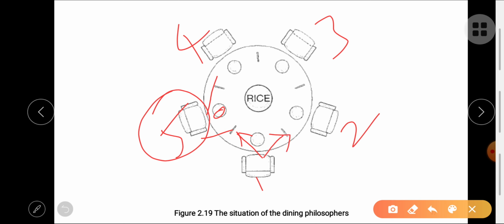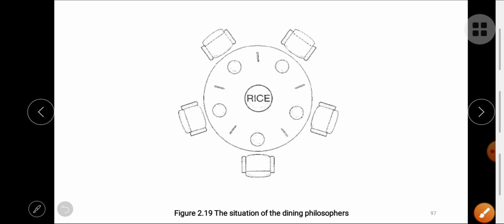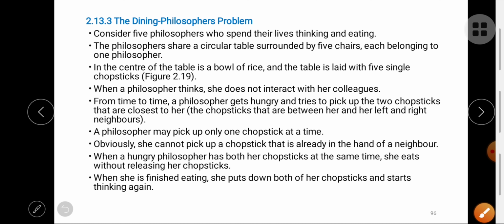He can take only this chopstick. If this two wants to take a chopstick, then he cannot take this one, he can take only this one. Okay, like this, at a time only one philosopher can eat the food.